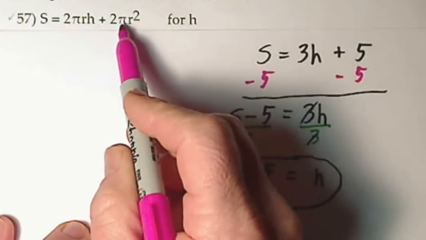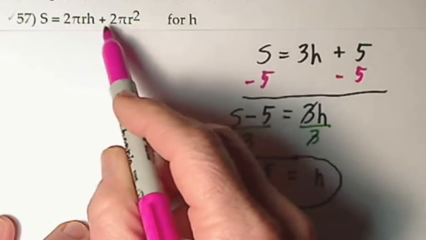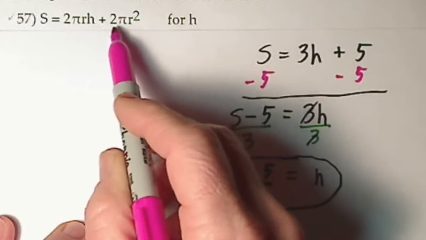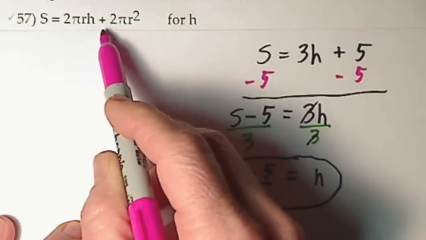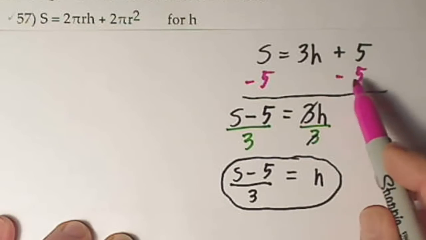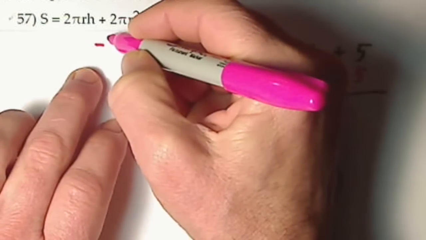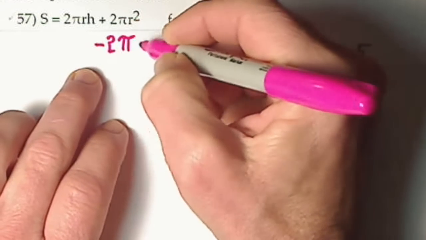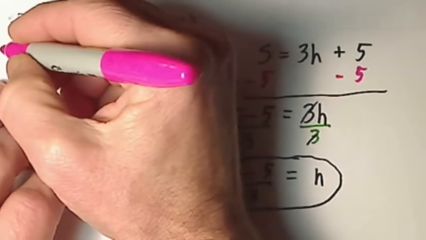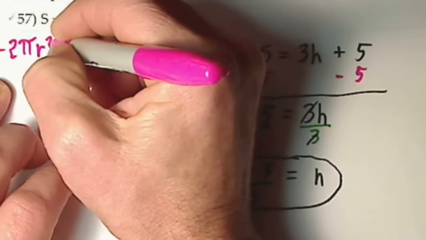So these individual things are held together by multiplication, but this whole group of things is held here by addition or subtraction. So I can get rid of all of this stuff with addition or subtraction. That's the key. So just as over here, all I had to do was subtract 5 from each side, all I have to do is subtract 2 pi r squared from each side. So minus 2 pi r squared.